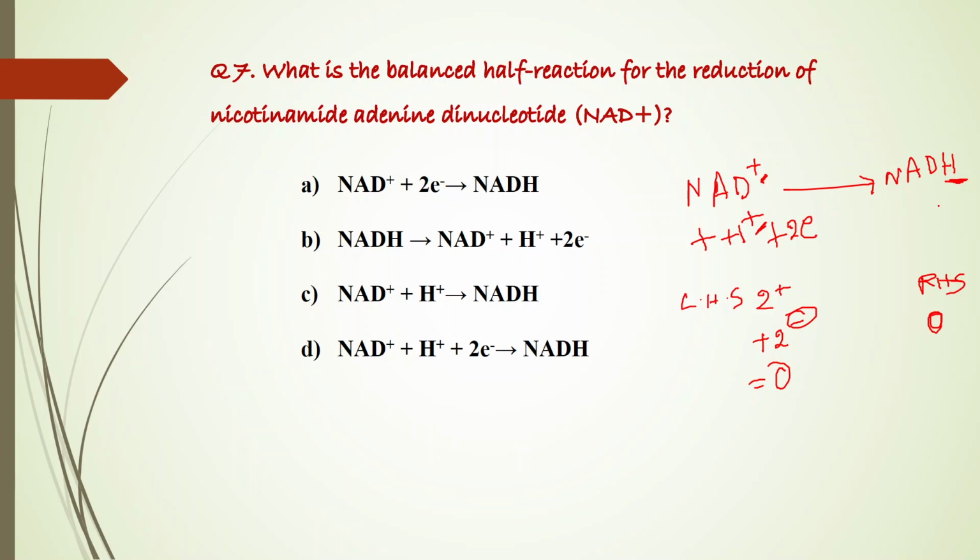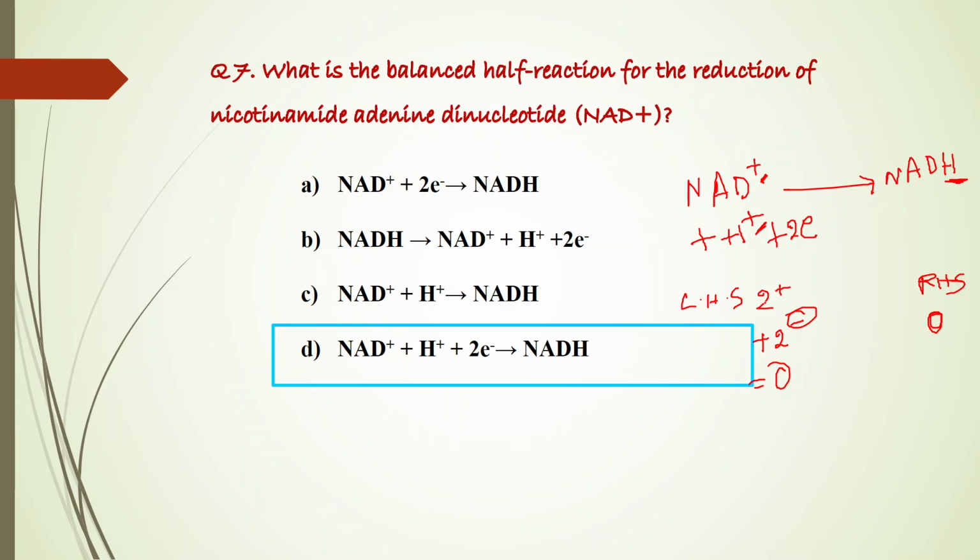On the left hand side, you have two positive charges. Now you have added two electrons, that means the overall charge is 0, and also on the right hand side your overall charge is 0. So that should be the balanced half reaction for this reduction. So which option matches with this? Obviously option number D. So option number D should have been the correct answer for question number 7.